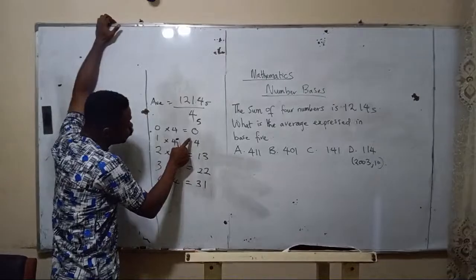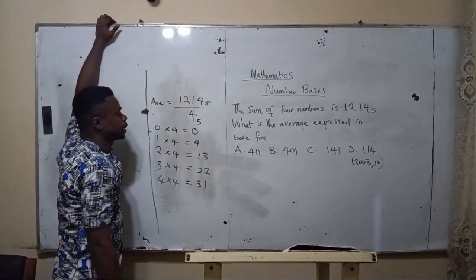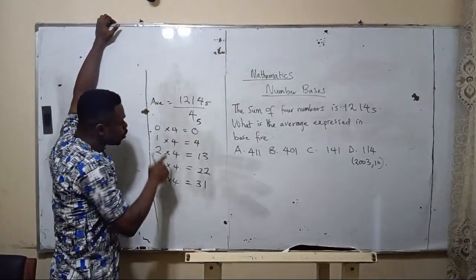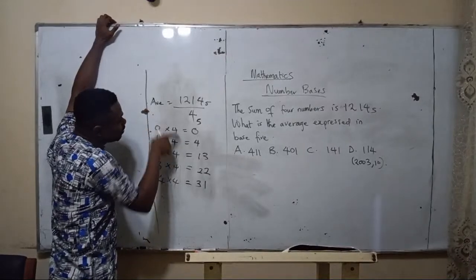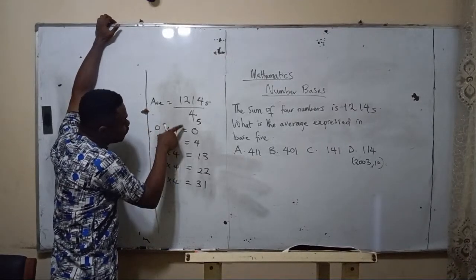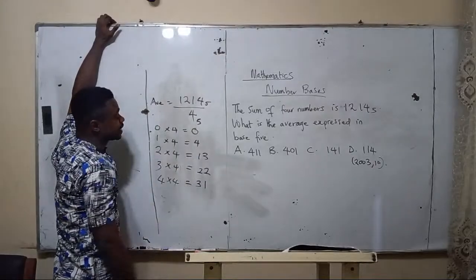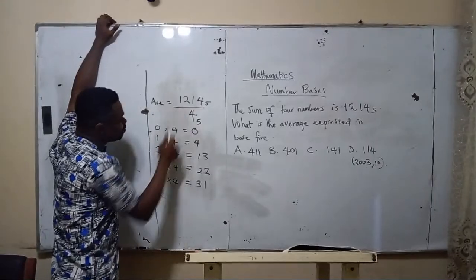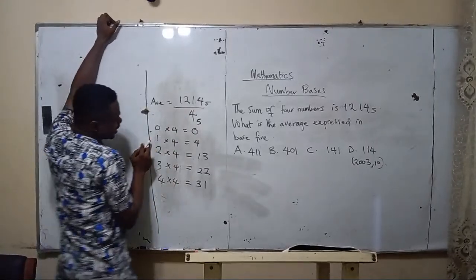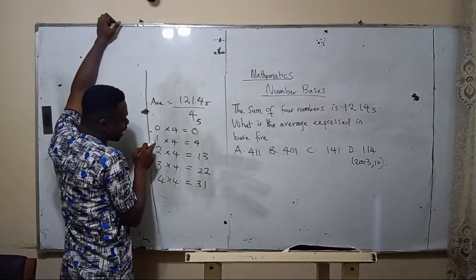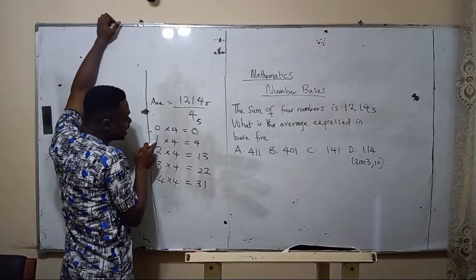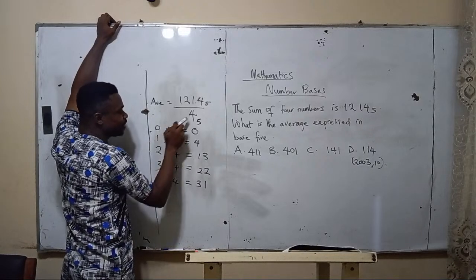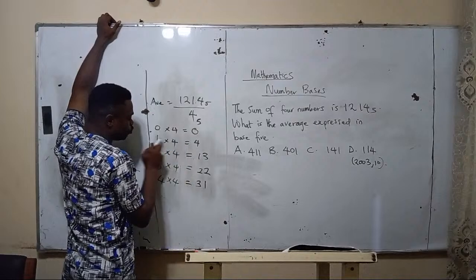If 4 is the only whole number we can get here, then as a whole number, the only quotient we can get is 1, because if you divide 4 by 4, it will give 1.